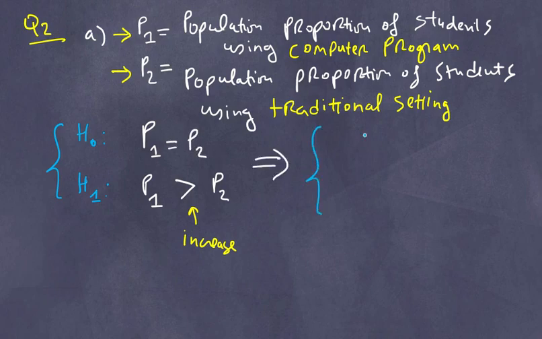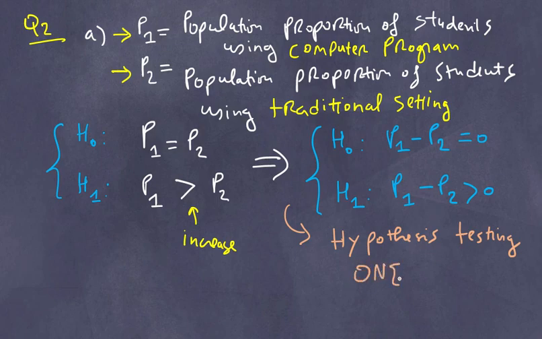And this can also be written as H0: you move P2 to the left-hand side, so P1 minus P2 equals 0. And under H1, P1 minus P2 is greater than 0. And this is a one-sided test to the right, because it's greater than 0.